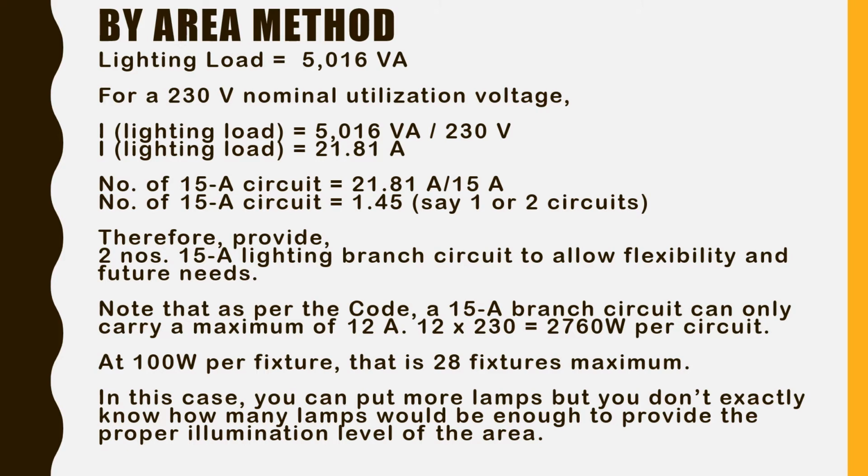But the illumination level, the lux required by the area, which is a living room, we don't actually know. We don't have a basis. So it could come out as over-illuminated or under-illuminated. So this is the disadvantage of this area method.